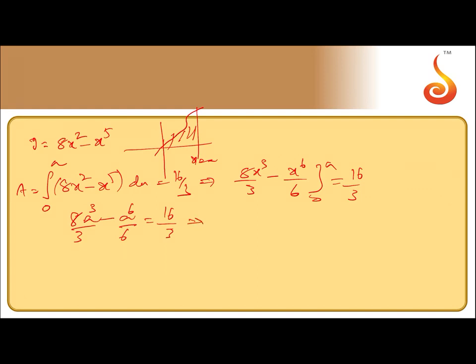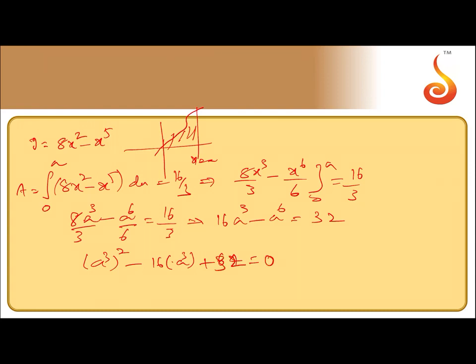Cancelling the 6, you'll get 16a cube minus a power 6 equals 32. So this can be written as a cube taken whole square minus 16 times a cube plus 32 equals 0.